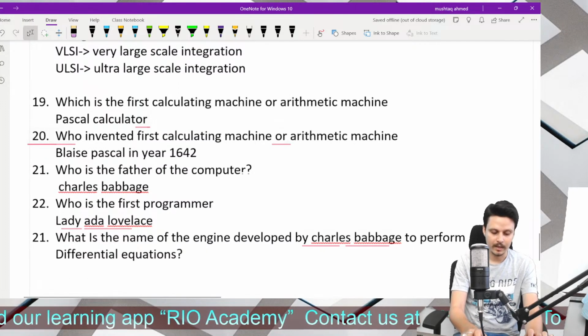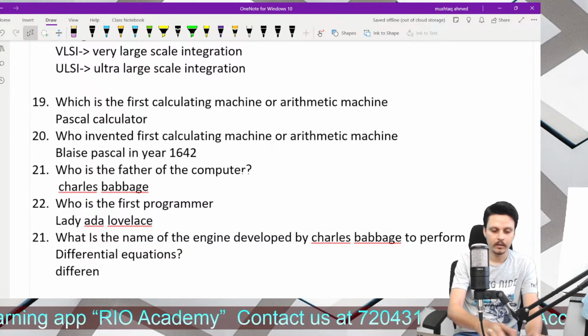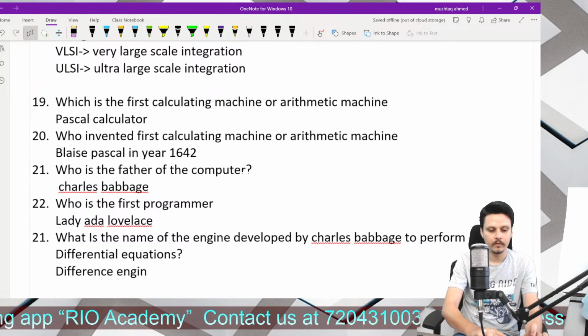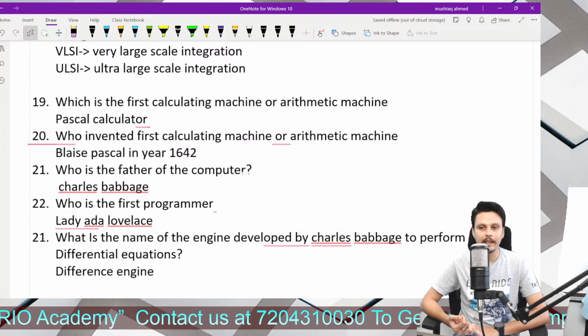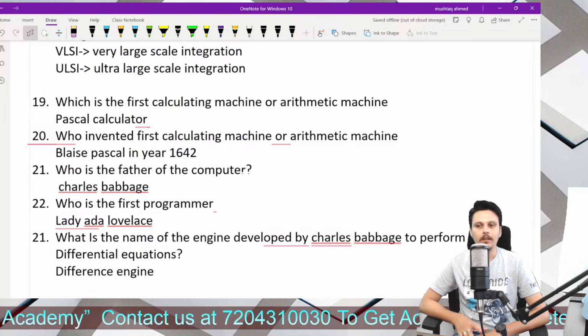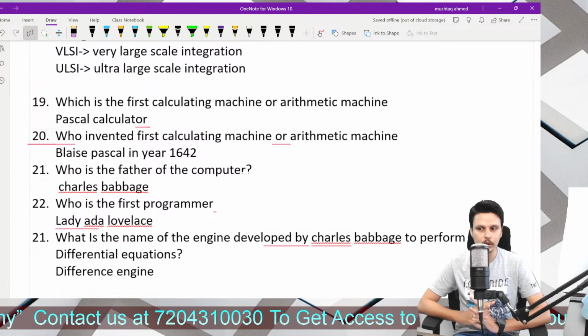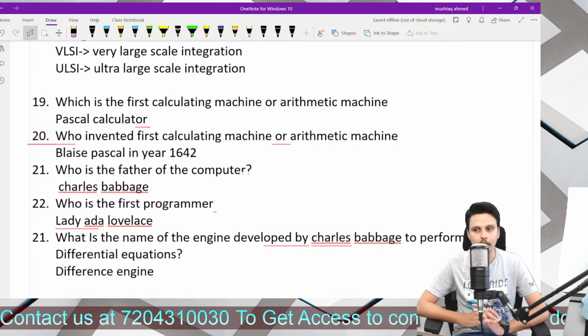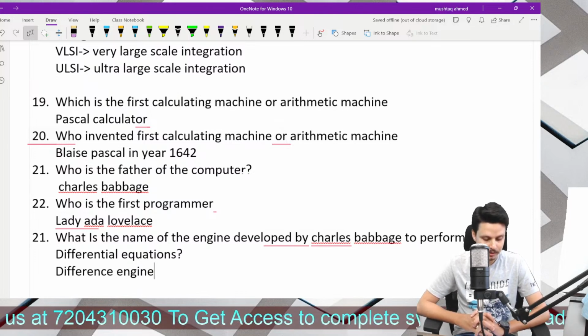The answer is the difference engine. It is developed by Charles Babbage, who is also the father of the computer, to perform the differential equations.